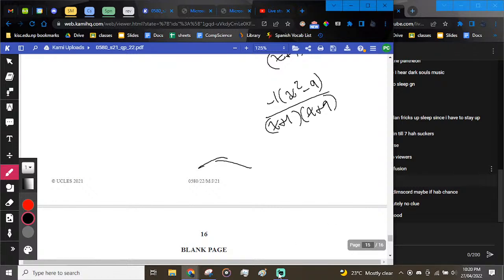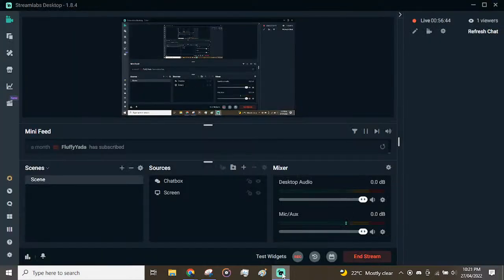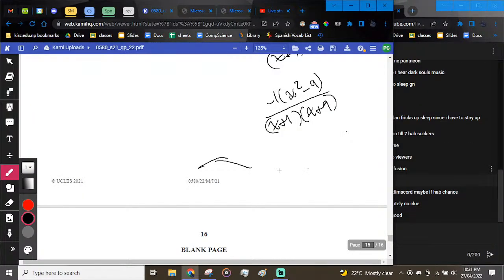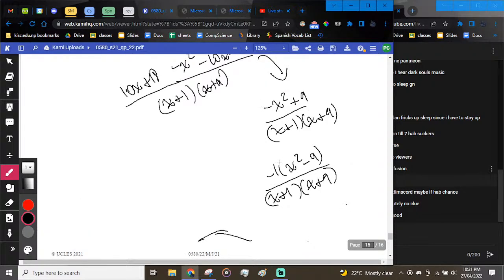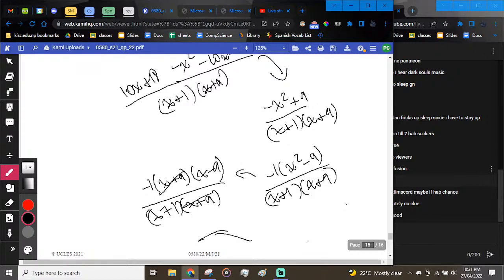I swear, if my Google Chrome freezes... Is it safe? Okay, it's safe to do stuff now. Here we go. This turns into negative 1 bracket x plus 9, x minus 9, difference of perfect squares, over 1 x plus 9. And cross off x plus 9, cross x plus 9.